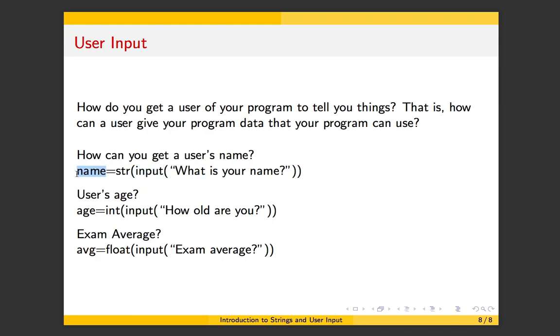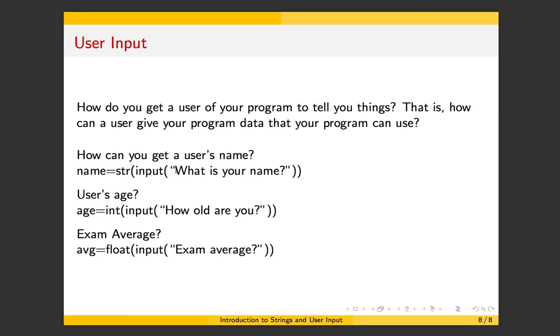Okay, the str here versus, say, notice there's an int right there and the word float right there. If you're going to grab input from a user, you usually do need to think about what kind of data they're going to give you. Are they going to give you a number? Are they going to give you a string? A person's name is definitely not a number, there's no way you would want to treat that as a number, probably.